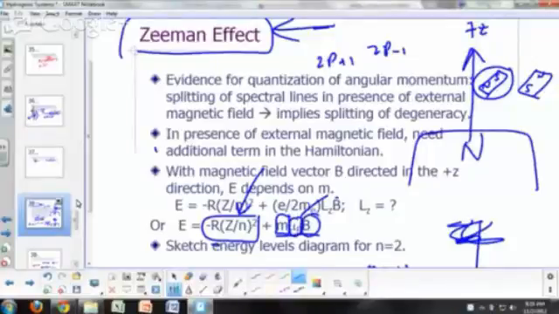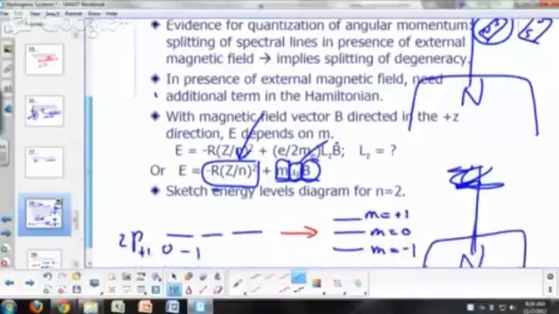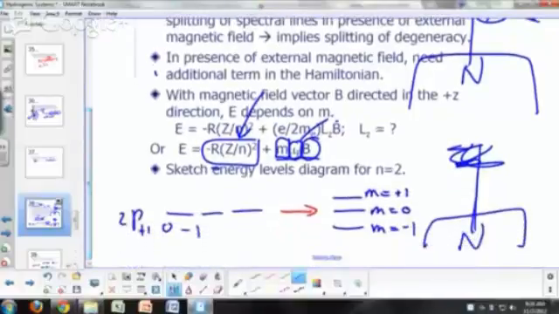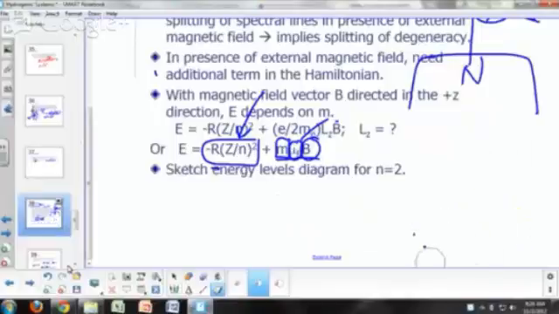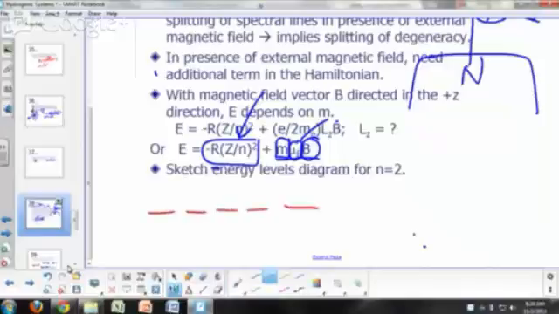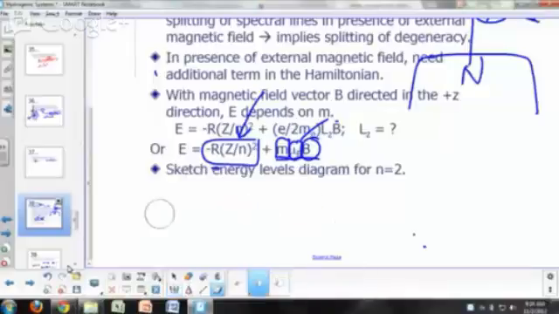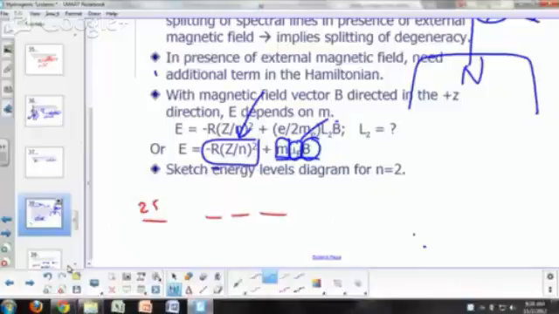So what would be the energy level diagram for n equals 2 when it's subjected to an external magnetic field? In this case, for n equals 2, you're going to have 2s and 2p, with m equal to +1, 0, -1.